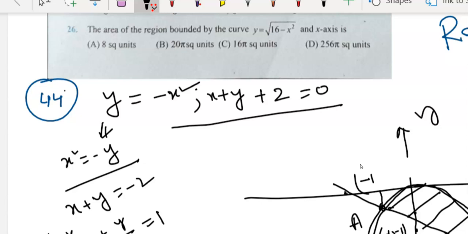Required area is going to be integral from minus 1 to 2 of y dx of this curve, that is, integral from minus 1 to 2 of minus x squared dx. You all can find it easily. Finish it at home. Go for the next sum.